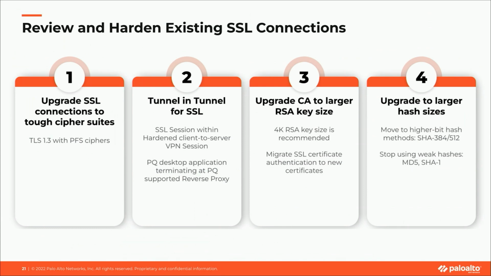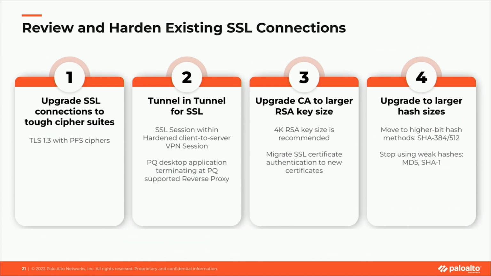That could be a good option just to combat challenges of weakened asymmetric ciphers used in SSL. Though not a long-term solution and only preferred in niche use cases, another alternative that I have here is, of course, initiating a post-quantum SSL session with a desktop agent that terminates at a reverse proxy closest to the server. So this kind of guarantees a secured connection end-to-end.